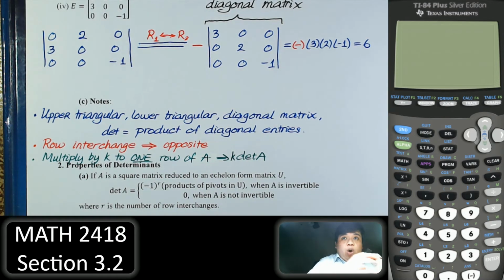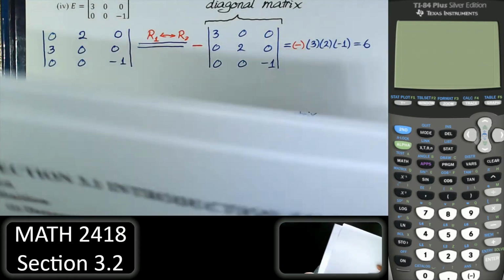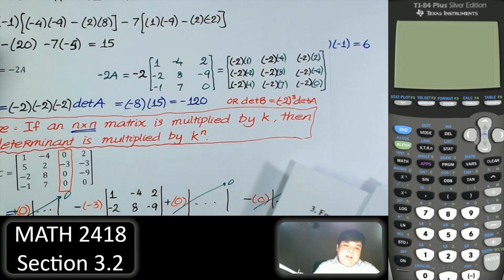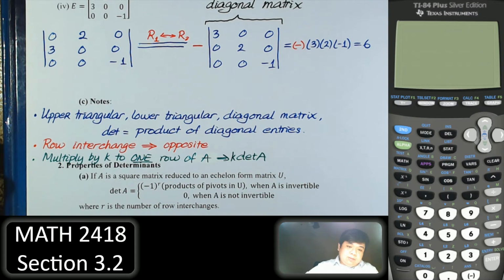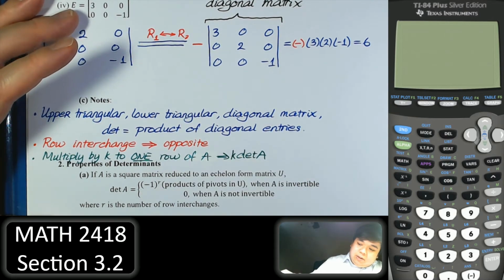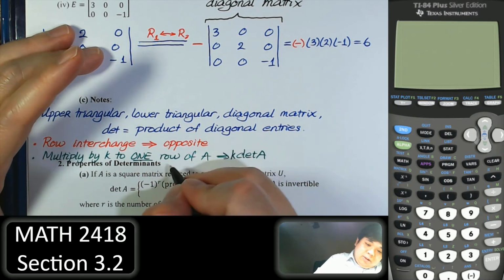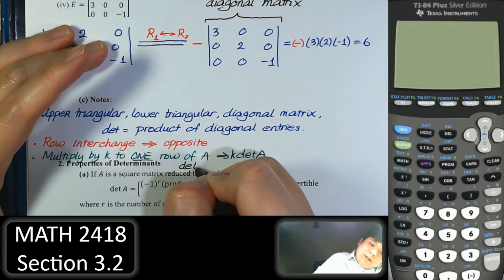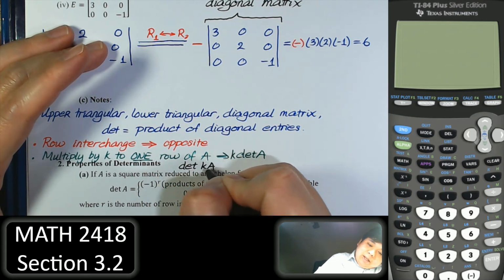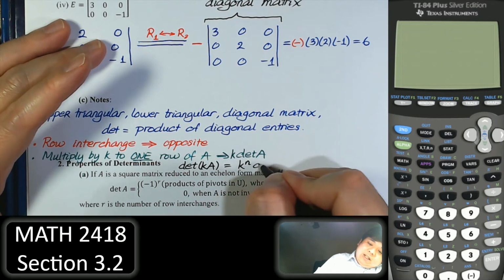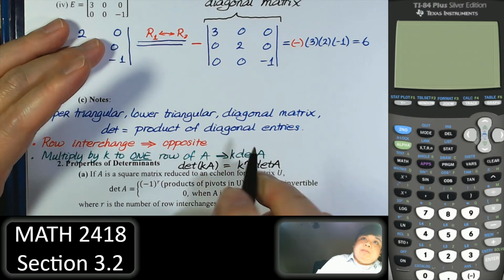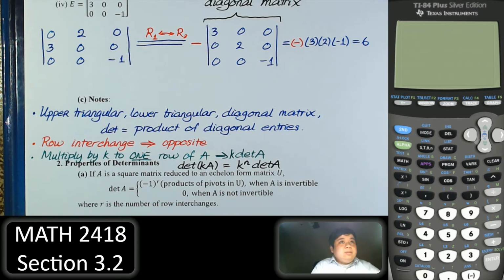If we multiply the whole matrix, then that will be multiplied by k to the n. So determinant of k times A is equal to k to the n power times determinant of A. Right. So that's what we have so far.